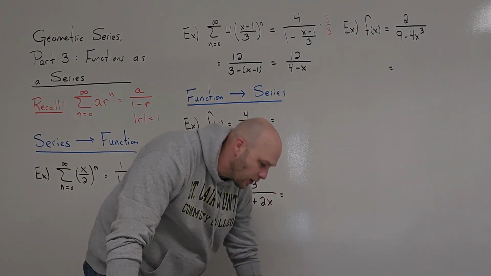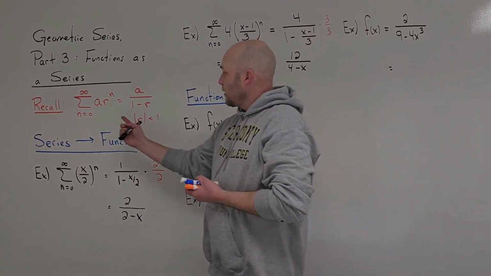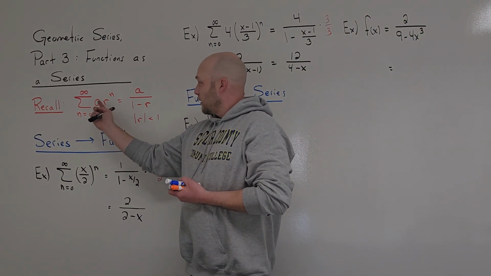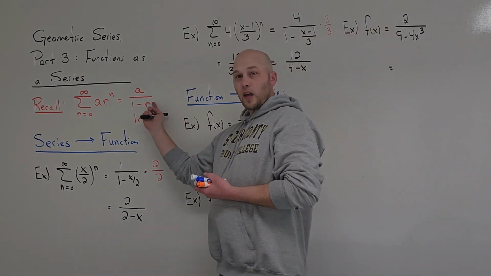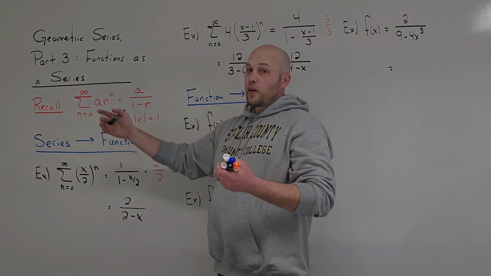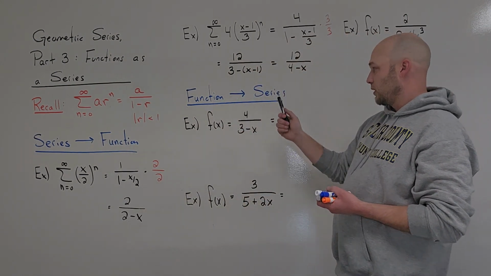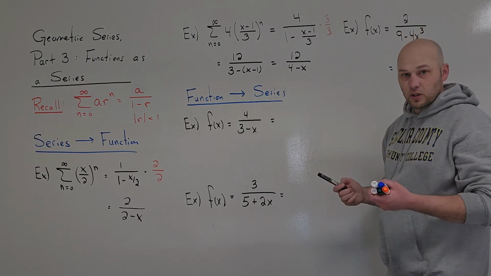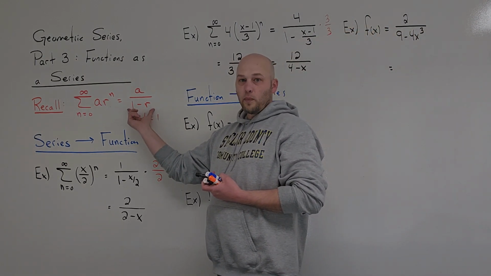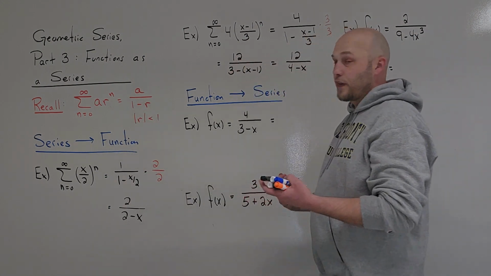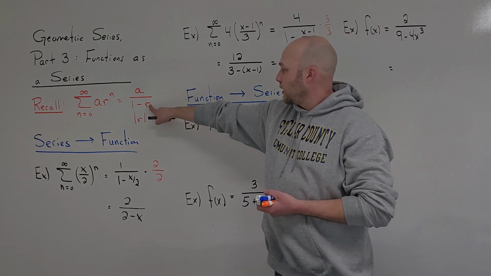All right, so that's how I go from a series to a function, by going from this side to this side. But we could equivalently go from this side to this side. If I want to convert a function to a geometric series, I have to have a function of this form, a over 1 minus r, where the variable x appears in the r spot.